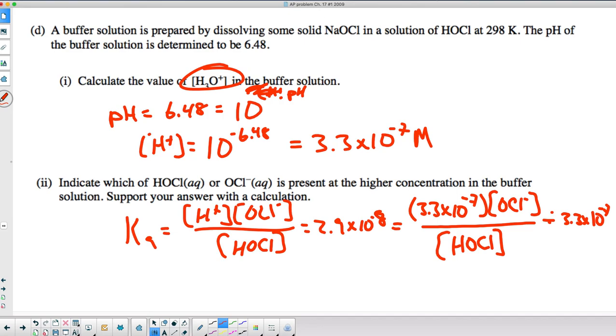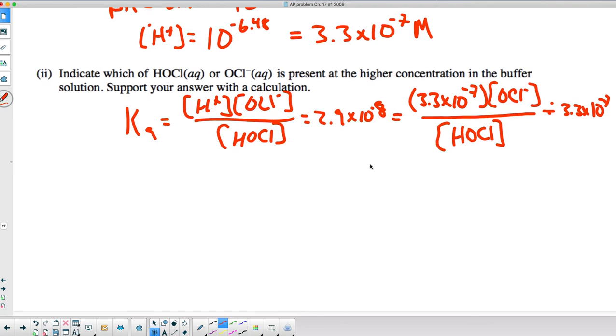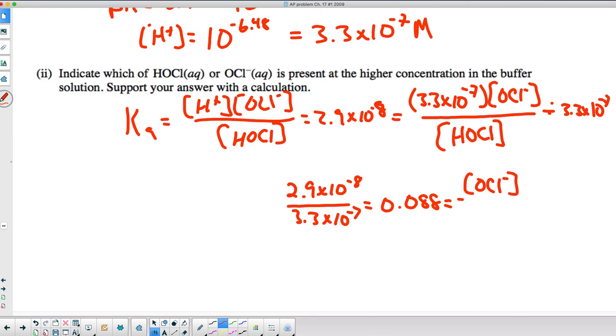See if you can follow along with this. I need to move my screen down a little bit to get some room. If I divide both sides by 3.3 times 10 to the negative 7th, I end up with 2.9 times 10 to the negative 8th divided by 3.3 times 10 to the negative 7th, which equals 0.088, and that equals OCl minus over HOCl.